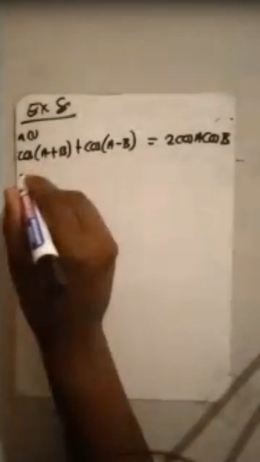The complicated one is the left-hand side, which gives me cos(A plus B). It's going to be long.